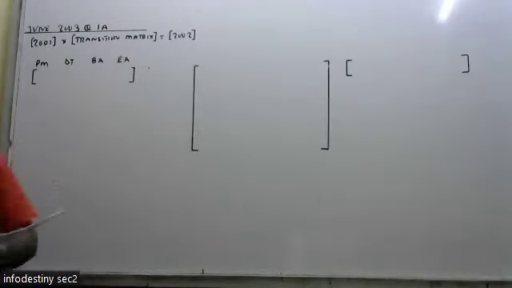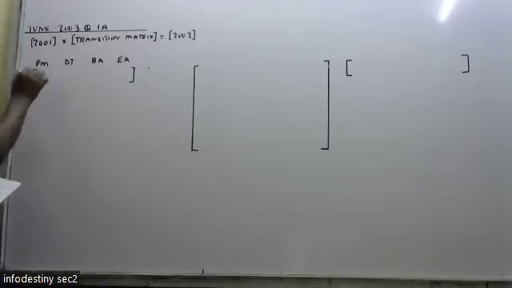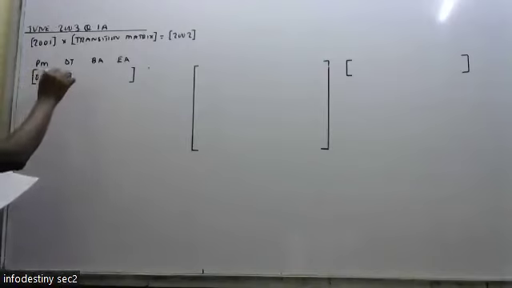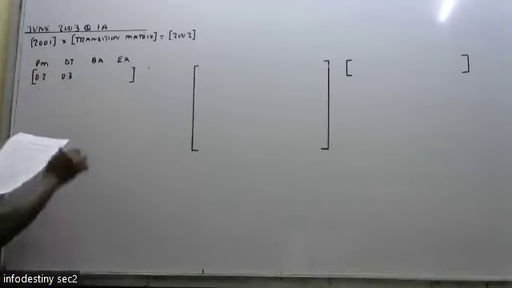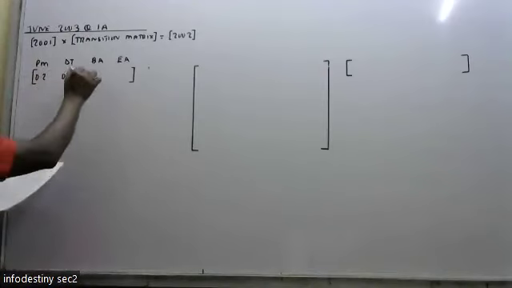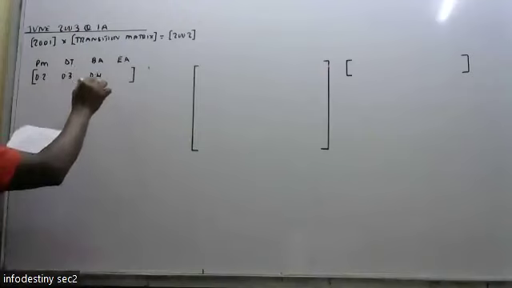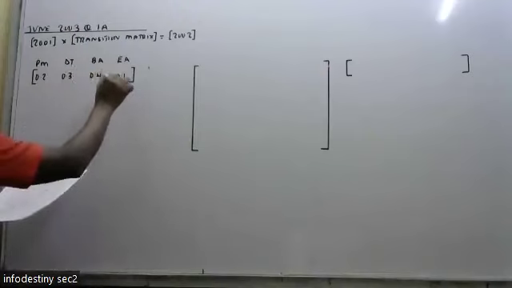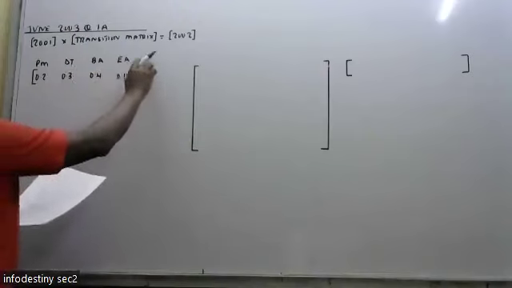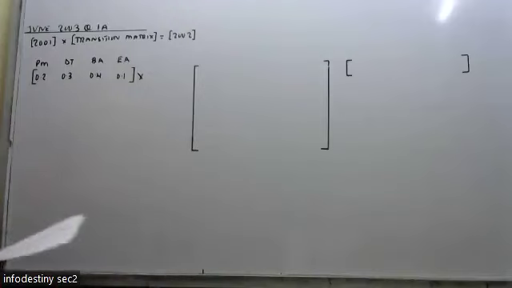And according to information number 5, we are told BM has 0.2, BT has 30%, that is 0.3, BA has 0.4, and EA has 0.1. Now we are supposed to multiply by the transition matrix.